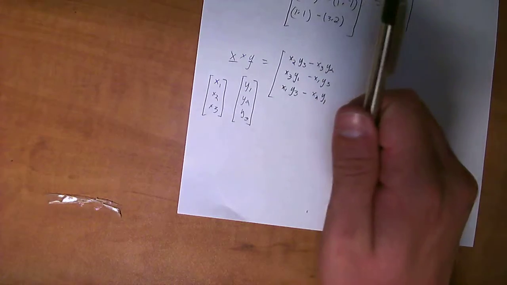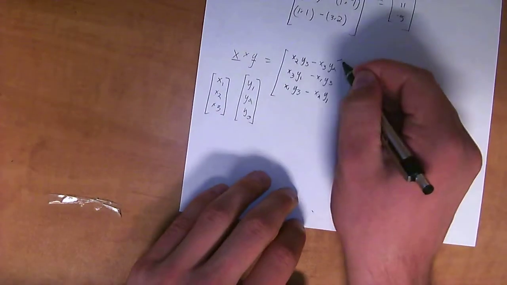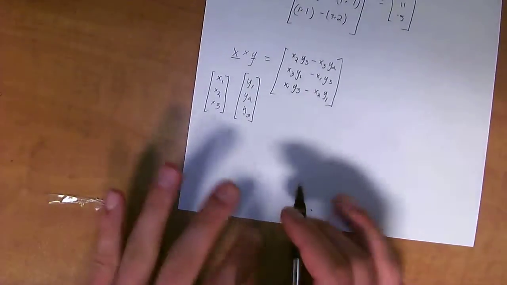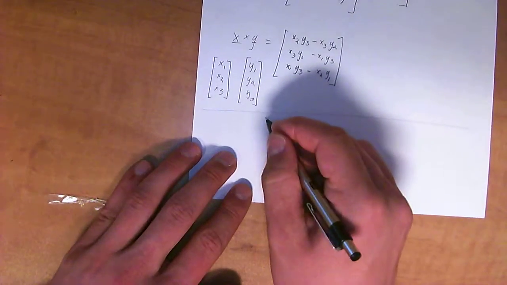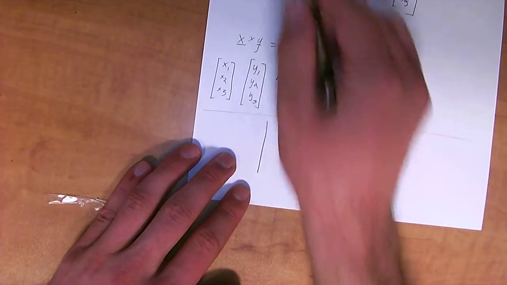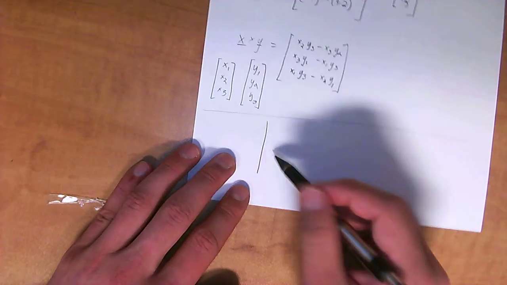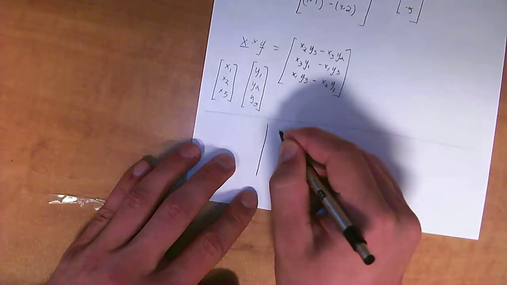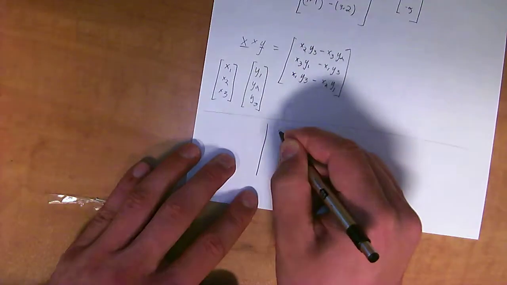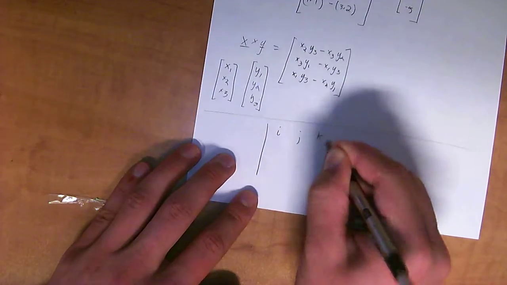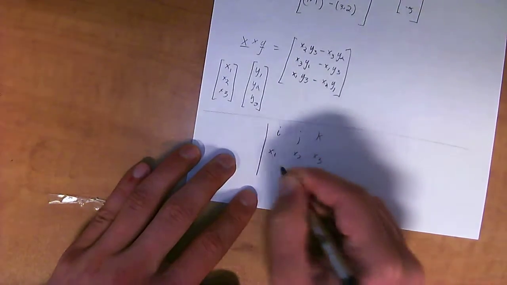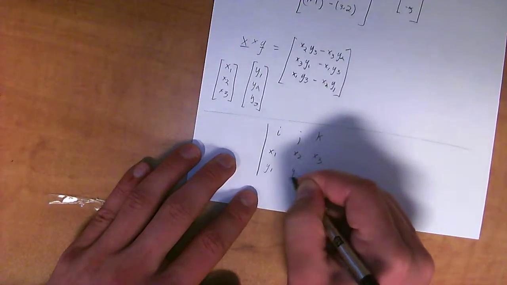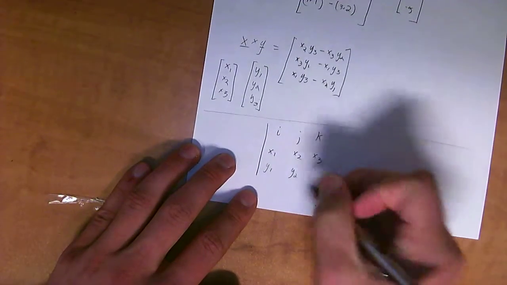Since the cross product is basically the determinant, another way of looking at it is if you take the two vectors and put them into a matrix with i, j, k. Then you've got x1, x2, x3, then y1, y2, y3. And then you basically take the determinant of this matrix.